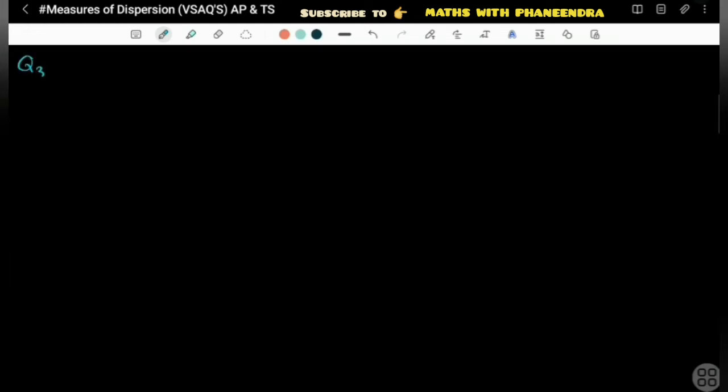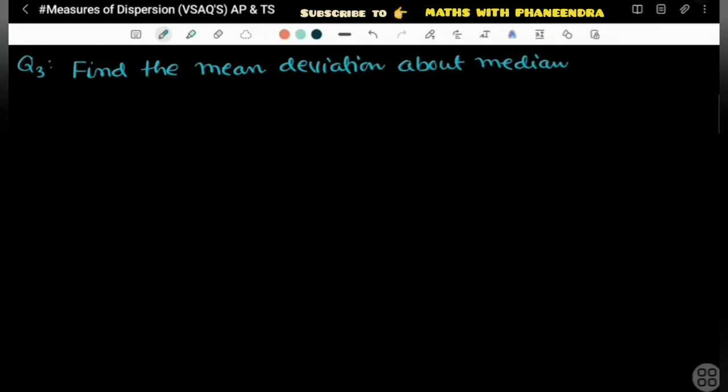Question number 3, where the number of observations is an even number: find the mean deviation about the median for the data 6, 7, 10, 12, 13, 4, 12 and 16.